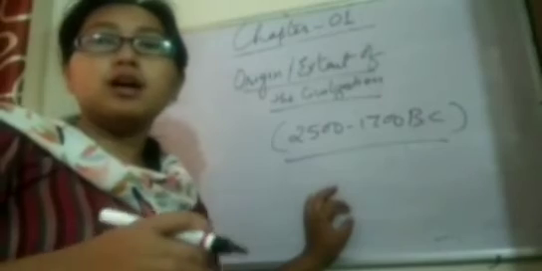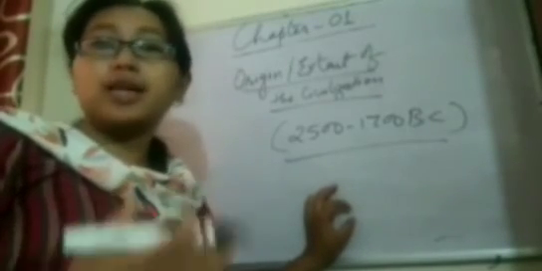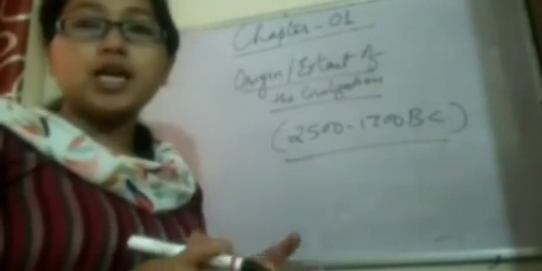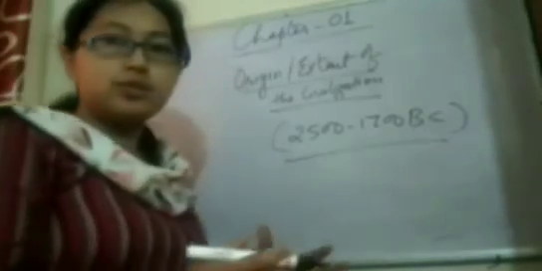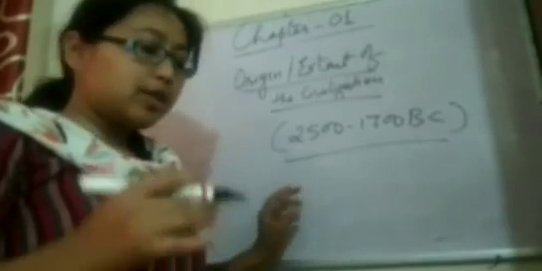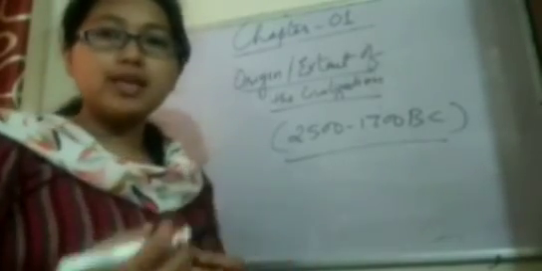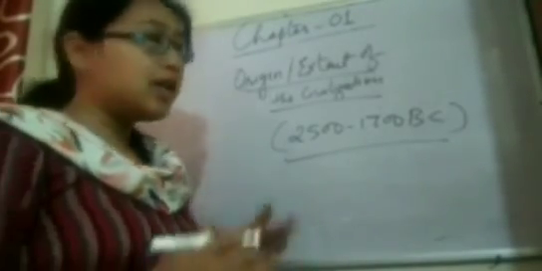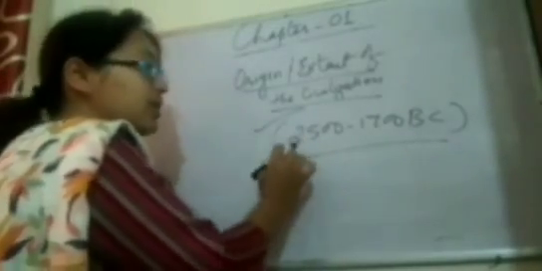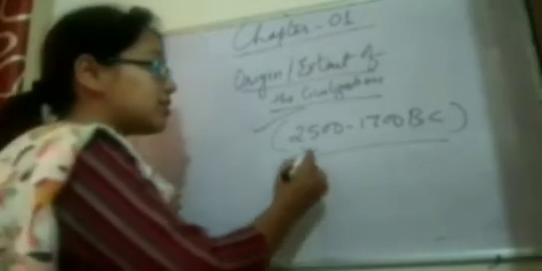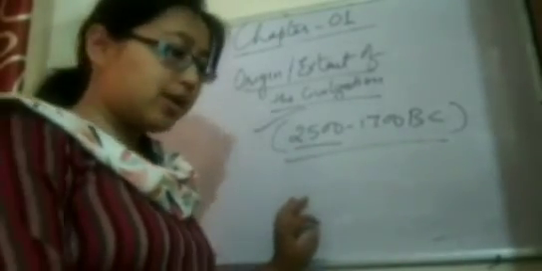Radiocarbon dating is a process for determining the age of an object containing organic material. So that's the method for determining the age of a material. By the radio dating method, modern scientists have estimated the age of the Harappan civilization as 2500 to 1700 BC, right?